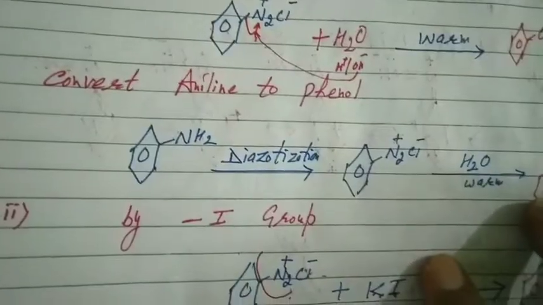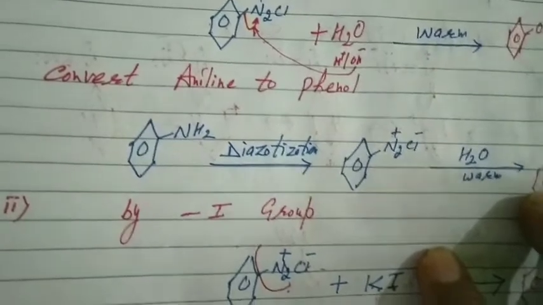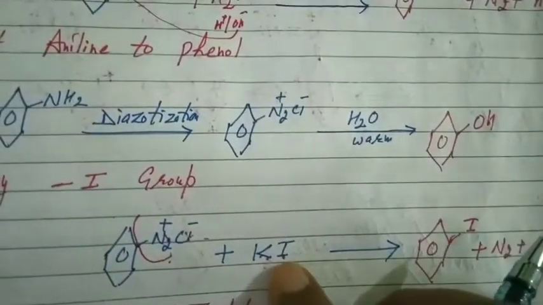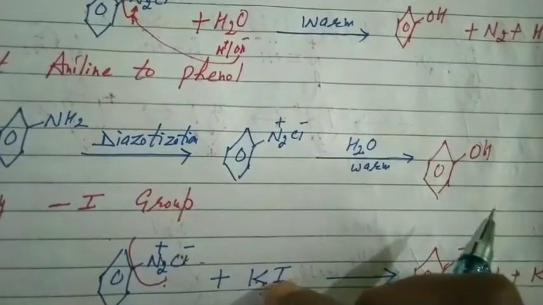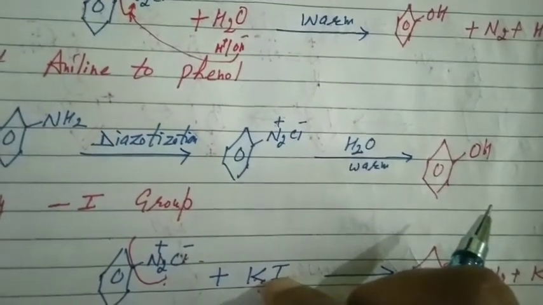Second is substitution by iodo group. When we treat diazonium salt with potassium iodide, it is clear the diazonium ion group is replaced by the negative part of the attacking reagent, that is the iodo group, and we get iodobenzene.